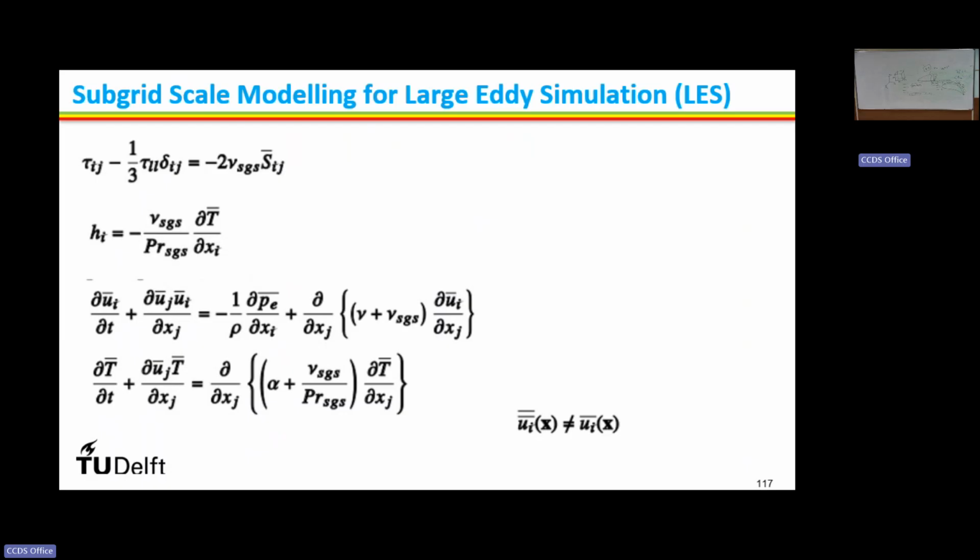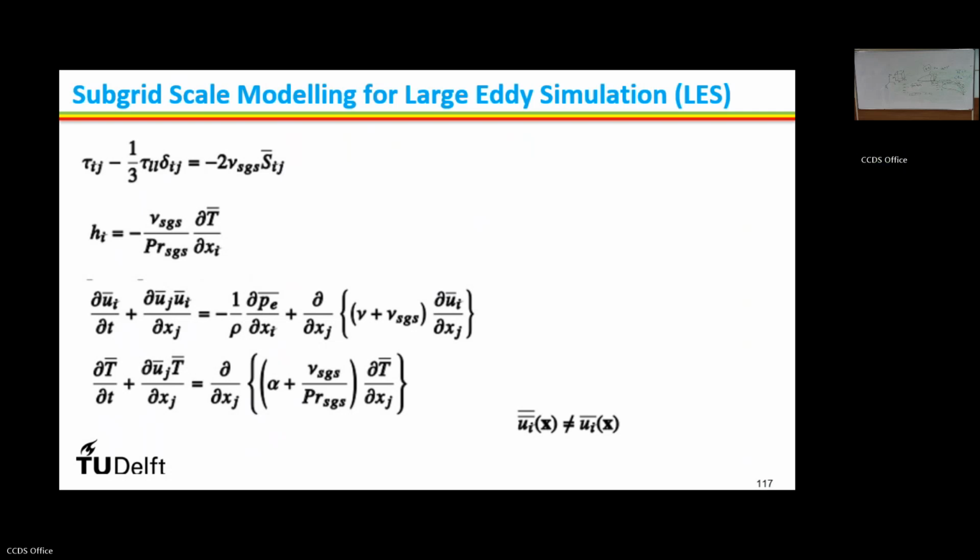The isotropic term is mixed in with the pressure and gives an equivalent pressure, which we call the filtered pressure. The remaining terms add up and give some additional diffusion. This is my viscous diffusion, and this is my turbulent diffusion because of the subgrid scale stress.